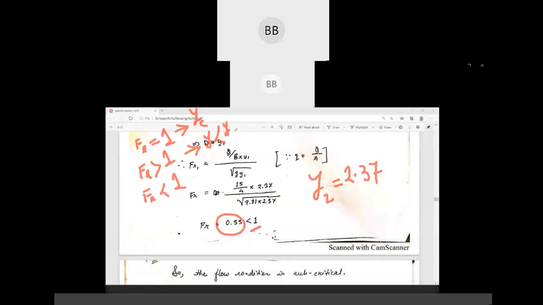So from the Froude number also, this is for depth of flow less than yc, and this is for depth of flow greater than yc. So this is critical flow, and this is your supercritical.